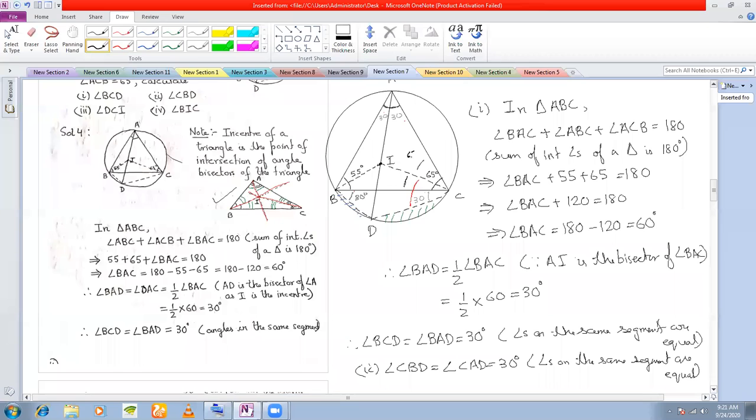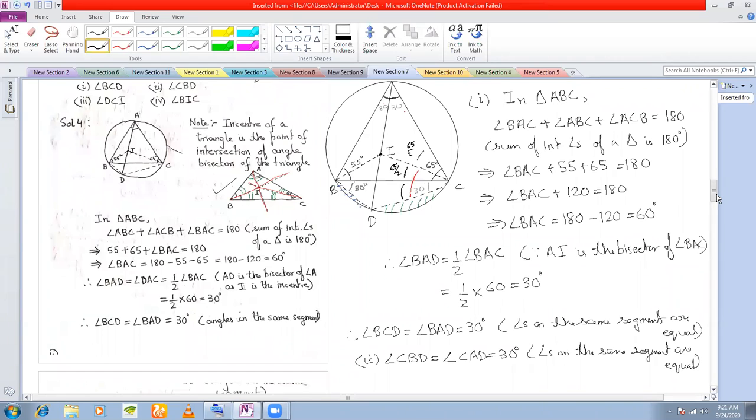This is 65 by 2 and this is also 65 by 2, right? So we have found out this angle and we already know this angle to be 30 degree. So we just add up 30 plus 65 by 2. 65 by 2 is how much? 32.5. So 30 plus 32.5 will be your unknown angle DCI, this red angle that I have marked.